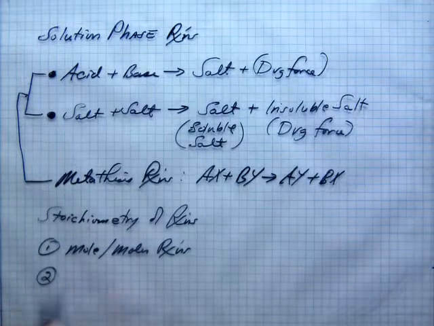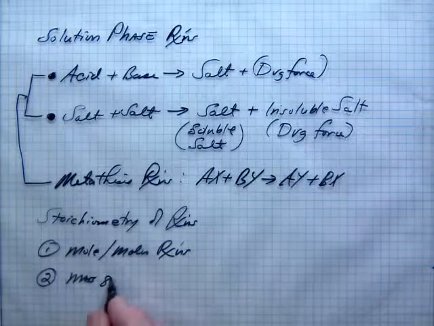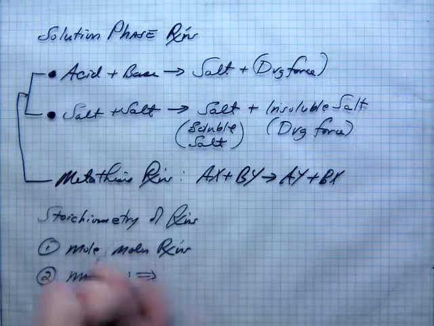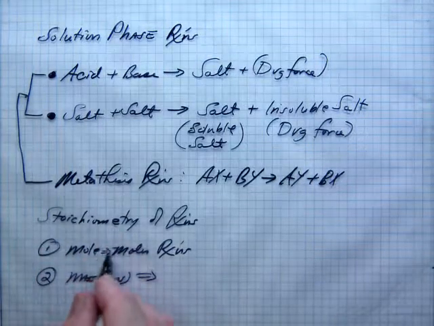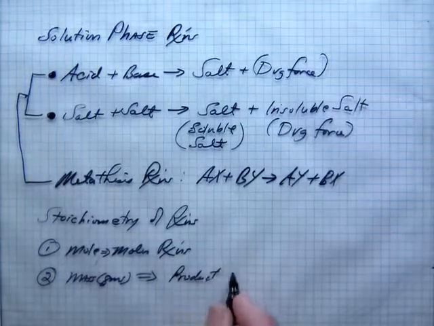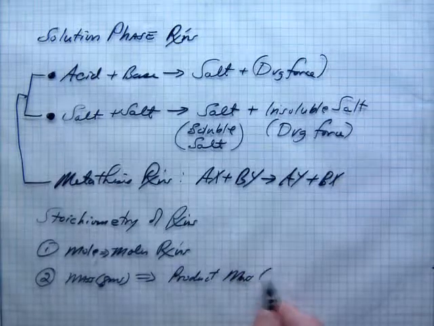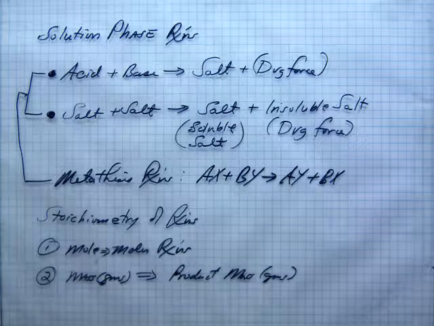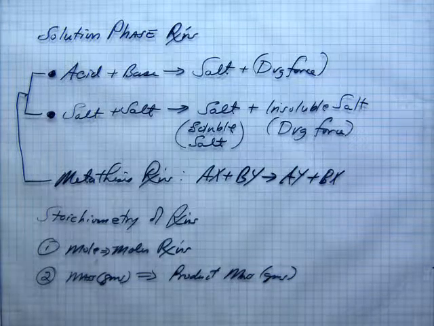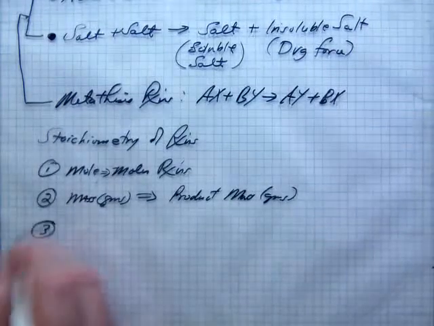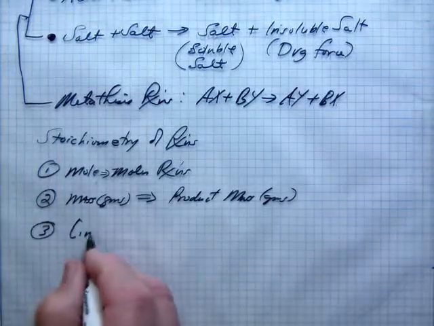We are given mass in grams of one reagent, and it yields product mass in grams. Well, you can work it in grams if you want to, but it's a lot more difficult. You convert the grams to moles and then convert it back to grams at the end of the problem and this kind of thing. Now, a third thing we've looked at is what we call a limiting reagent.